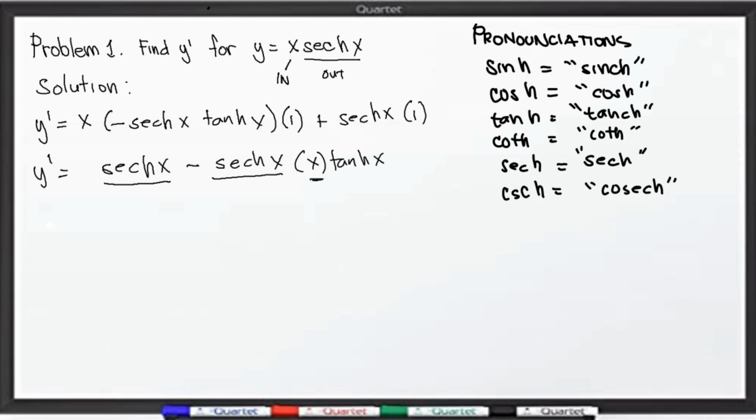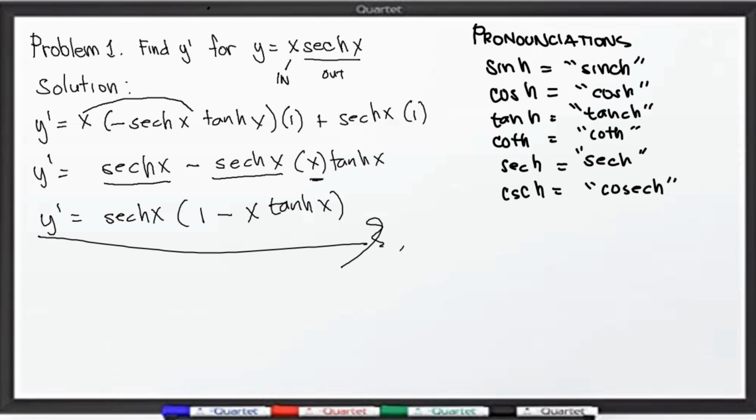Saan daw po galing itong x na to? Ayun po, minultiply natin doon. Nilagay ko na lang po sa gitna para paglabas natin, pinapa-obvious ko lang po. Pag inilabas natin yung sech x, kitang-kita. So, we will have y prime is equal to sech x times the quantity 1 minus x tanh x, and we will have our final answer.